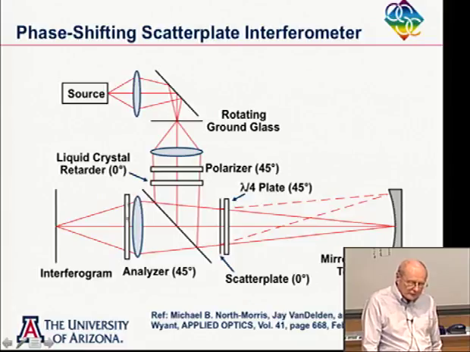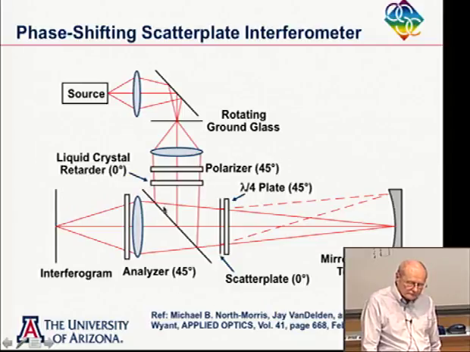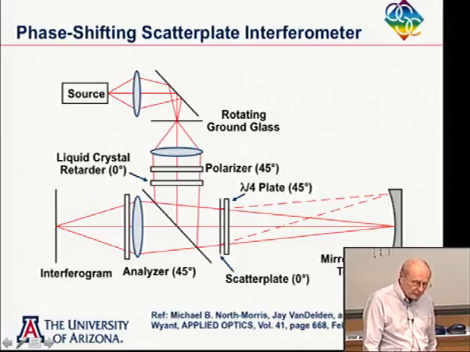And then come over here and we'll put in our analyzer at 45 degrees, and we'll have our interference pattern. And by changing the voltage to this liquid crystal, we can change the phase difference between S and P components. So the beam that was scattered the first time will not be scattered when it comes back, and the beam that was not scattered the first time will be scattered when it comes back. And so we have what we want.